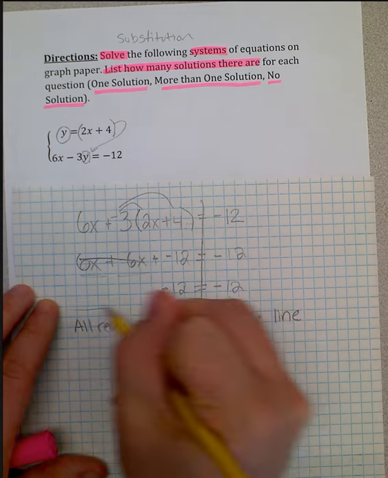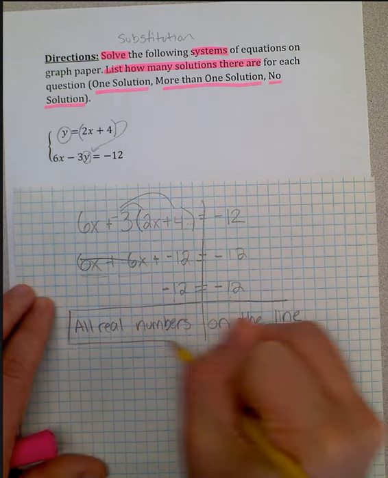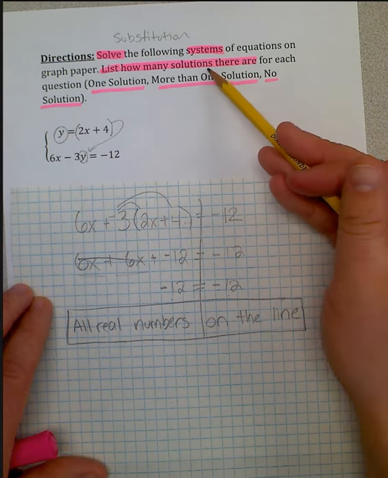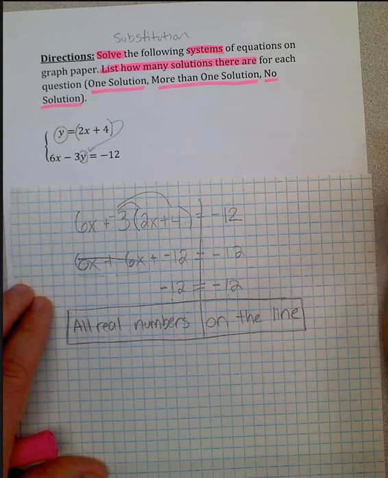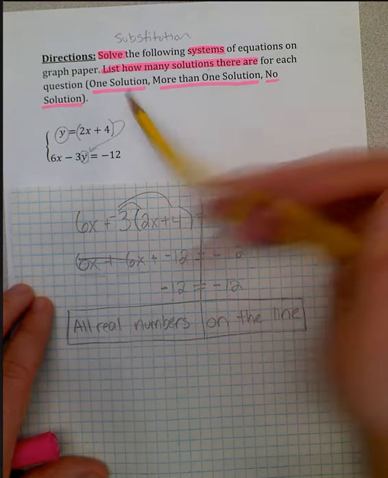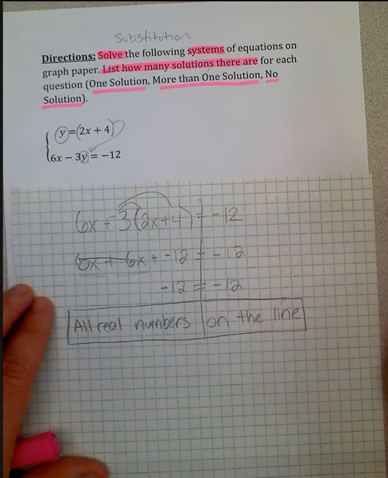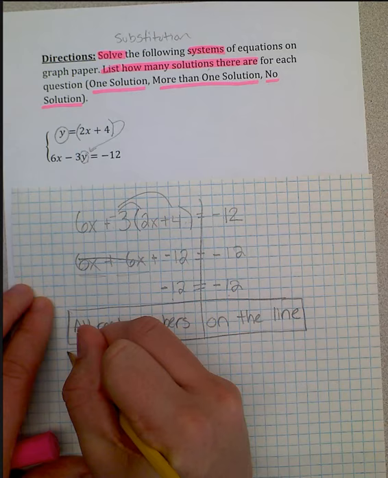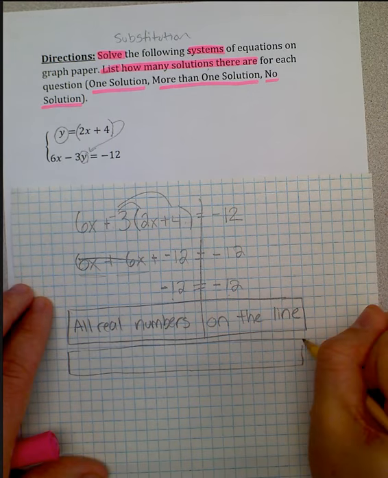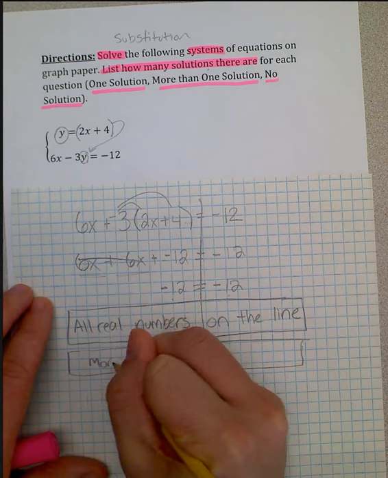And since it's all the real numbers on the line, how many are there? Well, how many real numbers are there? There's infinite. So if I'm looking at my three options here, one solution, more than one, no solution, my answer to how many solutions there are would be more than one solution.